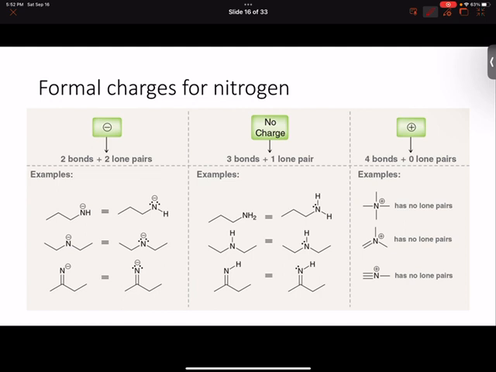Then let's look at nitrogen. Nitrogen with a negative charge is gonna be able to do 2 bonds and it's gonna have 2 lone pairs. When nitrogen is in its regular state, it can do 3 bonds and it's gonna have 1 lone pair. And when nitrogen has a positive charge, it has no lone pairs, but it's gonna have 4 bonds.